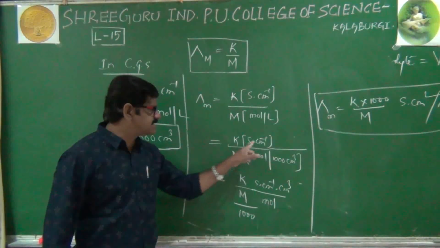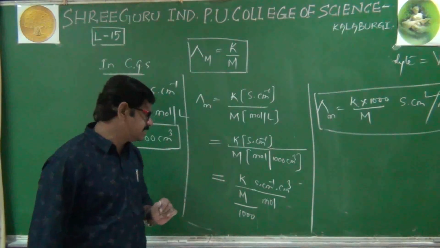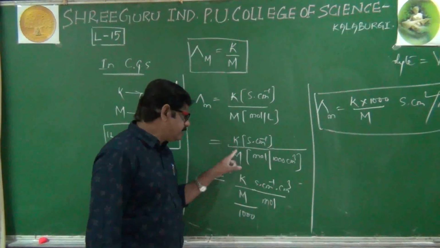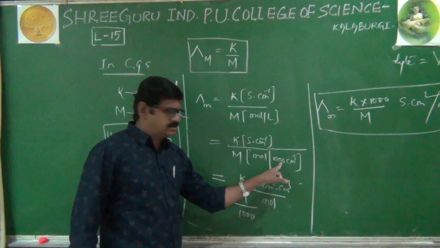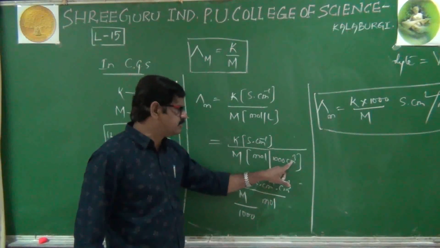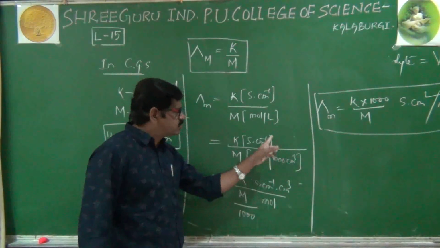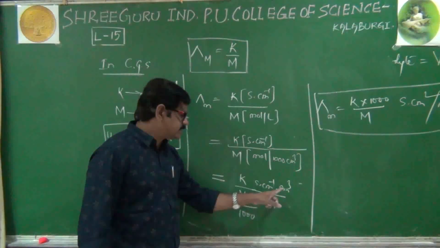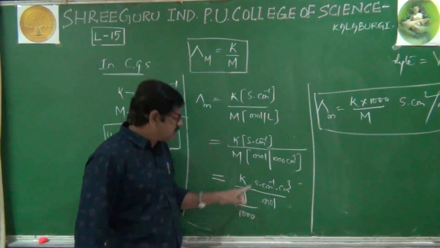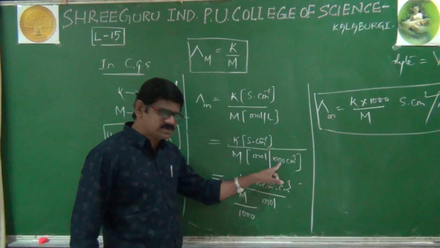Next, in the numerator part, Siemens per centimeter as it is. Here we have 1 by 1000 and 1 by centimeter cube. Centimeter cube we are shifting into the numerator, and 1000 also will shift here because it was 1 by 1000.